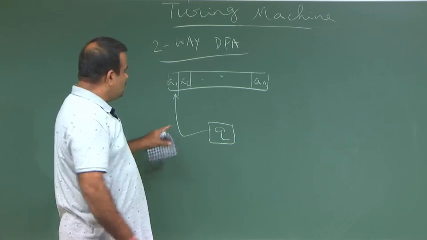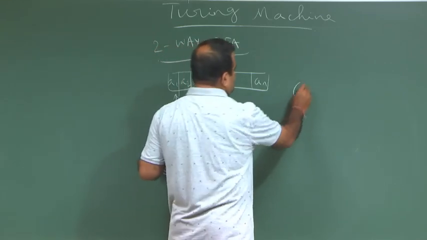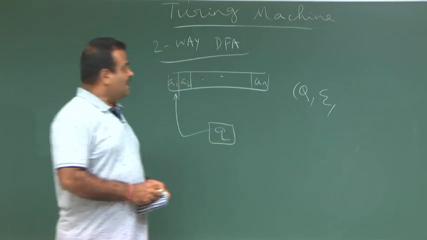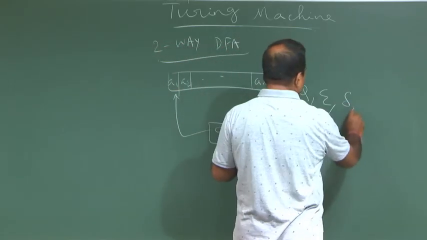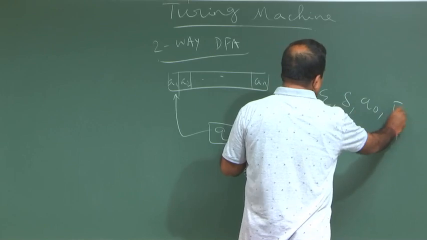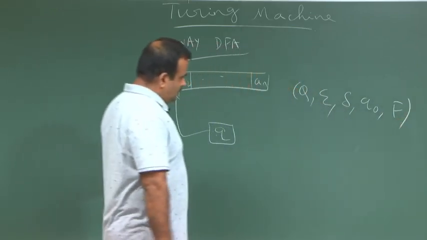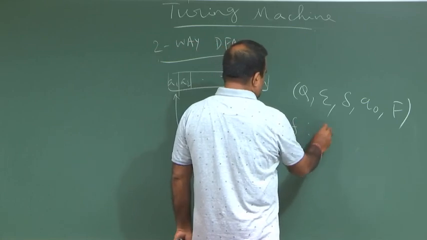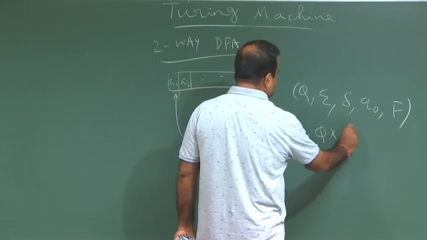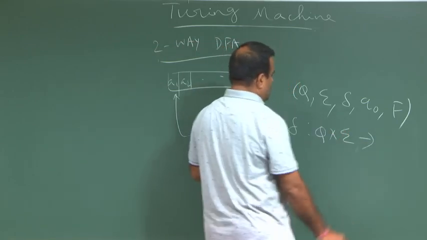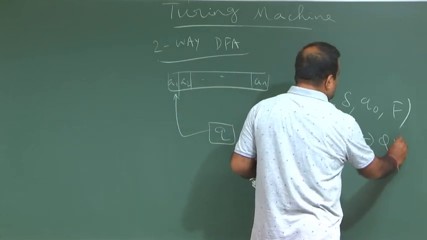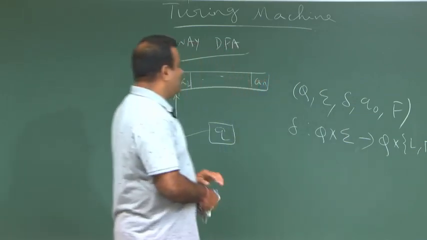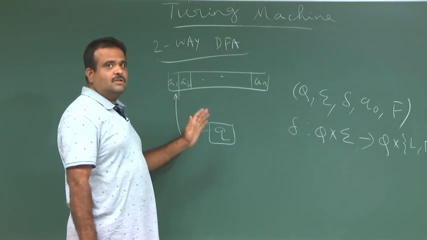Depending on the input, delta is a function on Q cross sigma, where sigma is the input alphabet, and delta maps Q cross sigma to Q cross L or R. That means our tape head will go either to the left position or the right position.